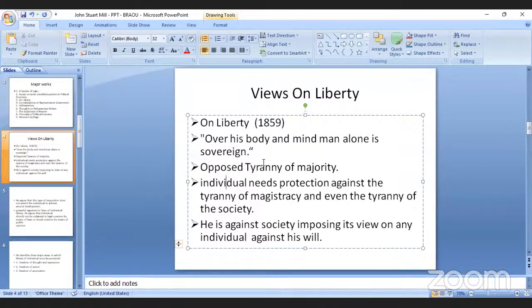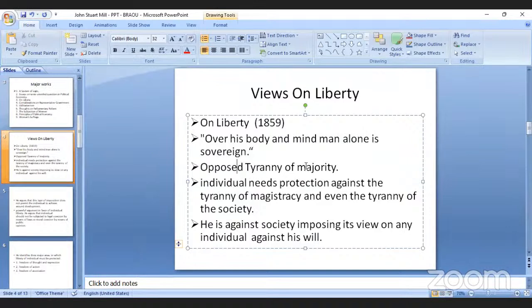So he is against the tyranny of majority. And individuals need to be protected against the tyranny of the magistrate and even the tyranny of society. And also against the society imposing its views on any individual against his will.